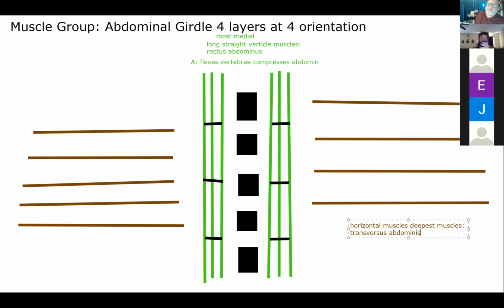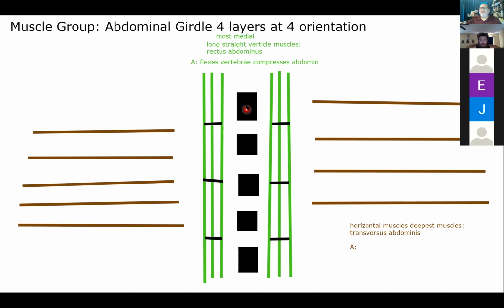Excellent. Now, again, deep muscles, horizontal in their orientation. We also want to think of these muscles in terms of their actions. Because it's horizontal, it basically comes around the body in a big circle and back to the other side.